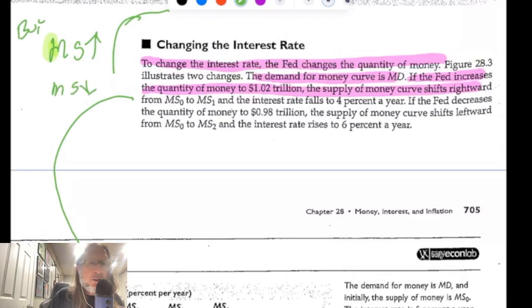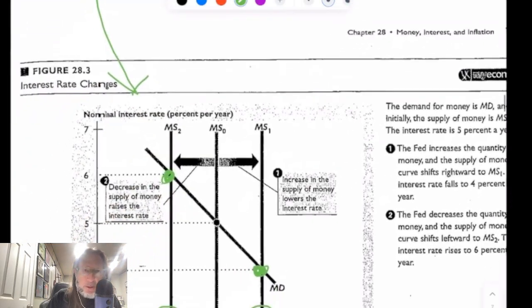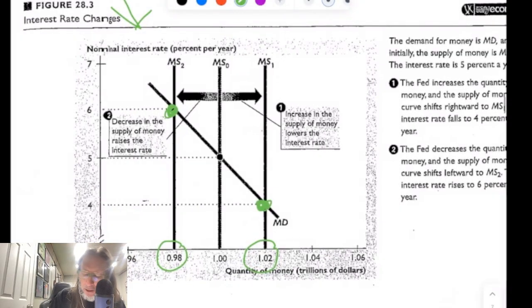Well, you can see this if you put it on the graph. We have our nominal interest rate and quantity of money graph that we've looked at in earlier videos. We know that the money supply is fixed, so it looks like this at any given moment, and that the money demand curve is downward sloping, because the higher the interest rate, the more likely we are to hold less money.